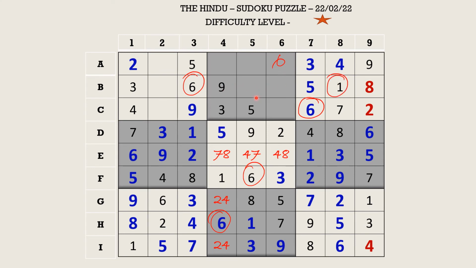There is a 1 in column 5 and a 1 in column 4 which blocks these 2 cells. So C6 takes 1. There is an 8 here in B row which blocks these 2 cells, and there is an 8 here which blocks this cell. So A4 takes 8.